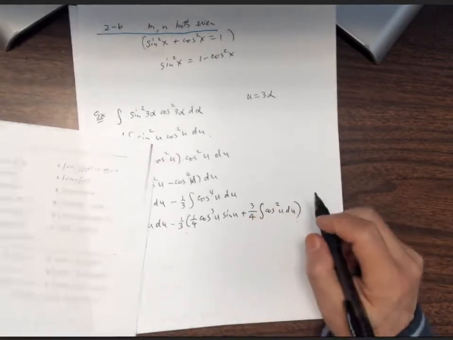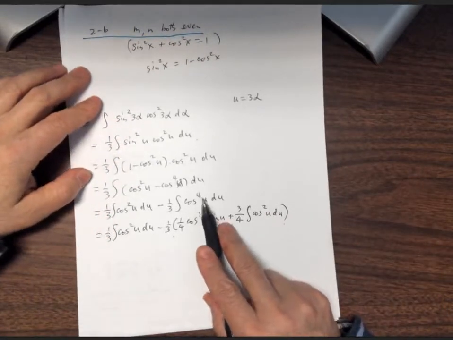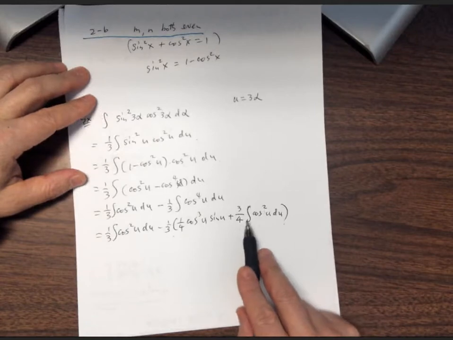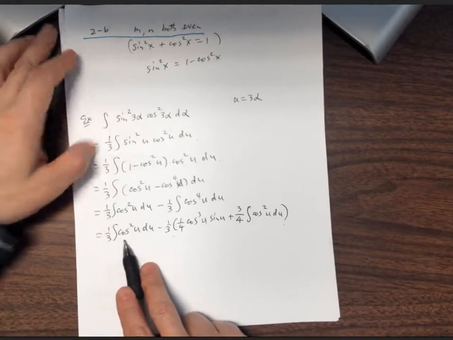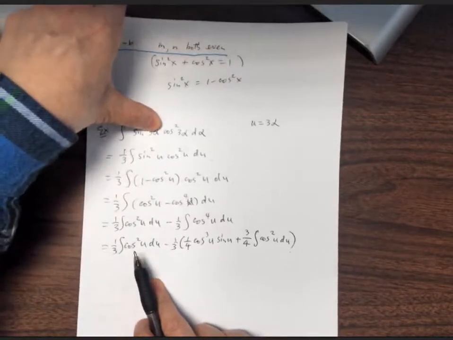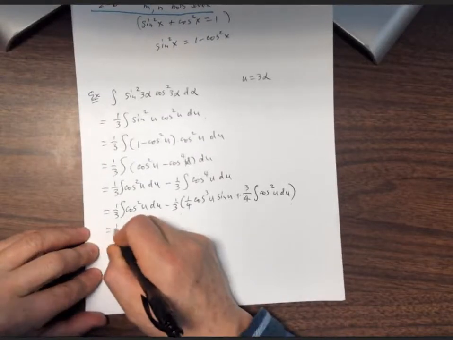Reduction formula. Okay? Reduce the power from fourth power to second power. You see here, that's another integral of square of cosine, like that. So we'll combine and then apply whatever formula is appropriate.